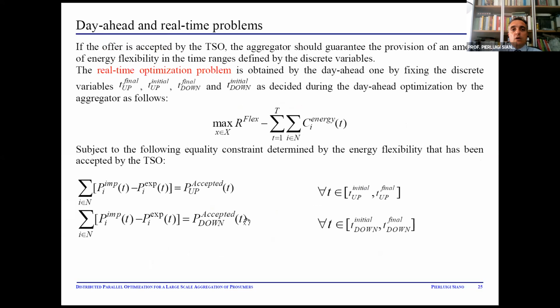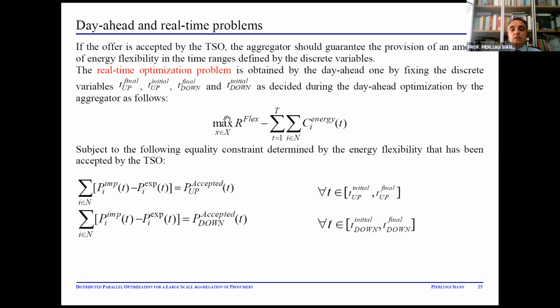There are also some local constraints for each prosumer: power balance, power limits from the grid, power charging and discharging speeds of a battery. And then if this offer is accepted by the system operator, the aggregator should guarantee the provision of the energy flexibility accepted.